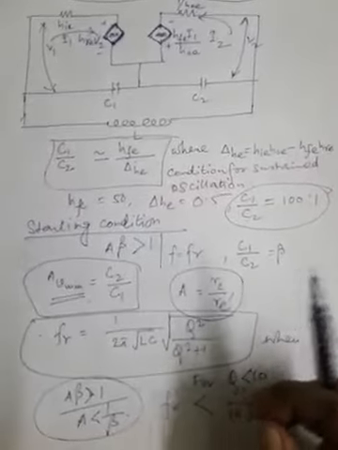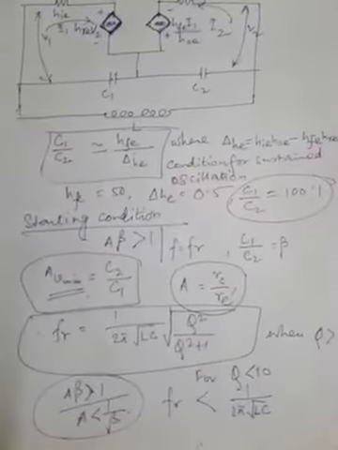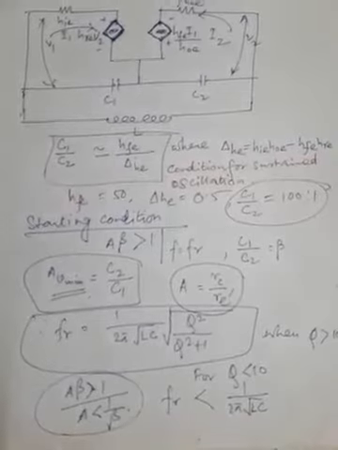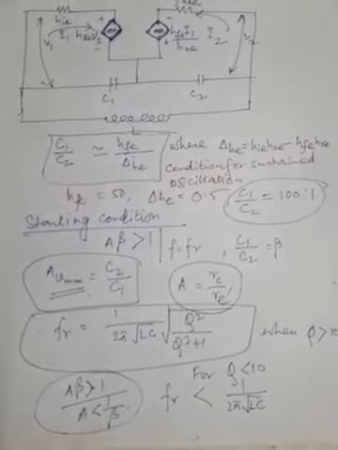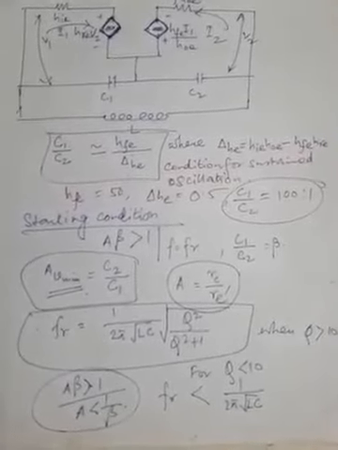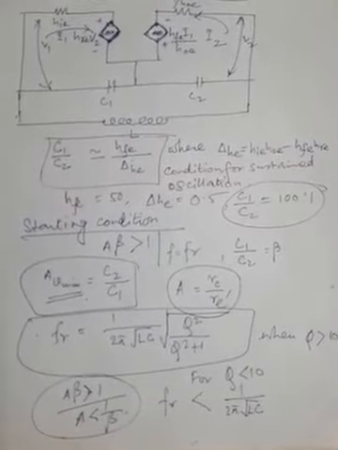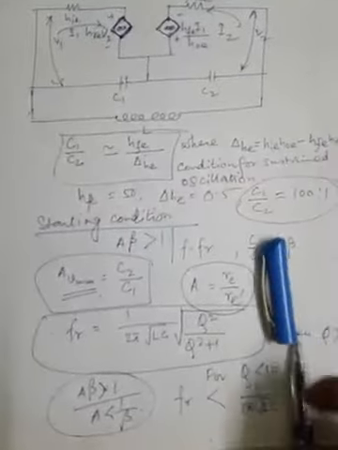Like other LC oscillators, the Colpitts oscillator is also used for generating RF signals, as I have told you, and they can be made tunable by varying either the inductance or the capacitance of the tank circuit, because if we vary the values of inductances and capacitances of the feedback circuit, the frequency of oscillation may be varied.